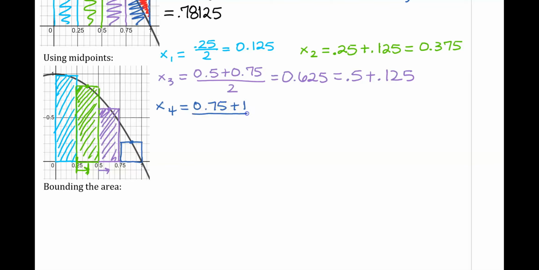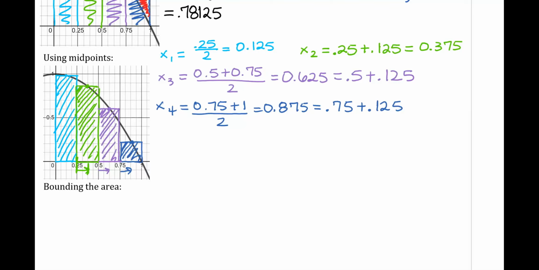So averaging 0.75, which is the endpoint on the left of that rectangle, and 1, which is the endpoint on the right of that rectangle, gives us 0.875. Which I'll make a note of is again the same thing as taking 0.75 and adding half the width of that rectangle, which is 0.125.